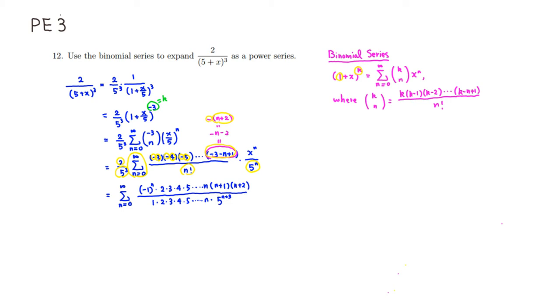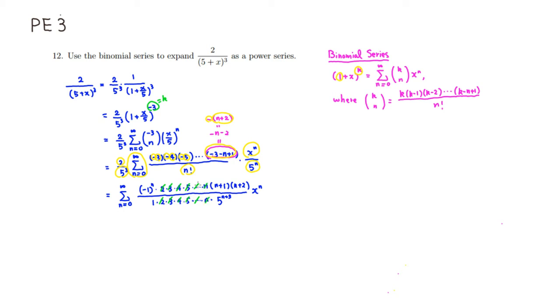Then we have x to the n. Now we can cancel a bunch of things: the 2 and 2 cancel out, 3 and 3, 4 and 4, 5 and 5, and all these factors, and the n and n.